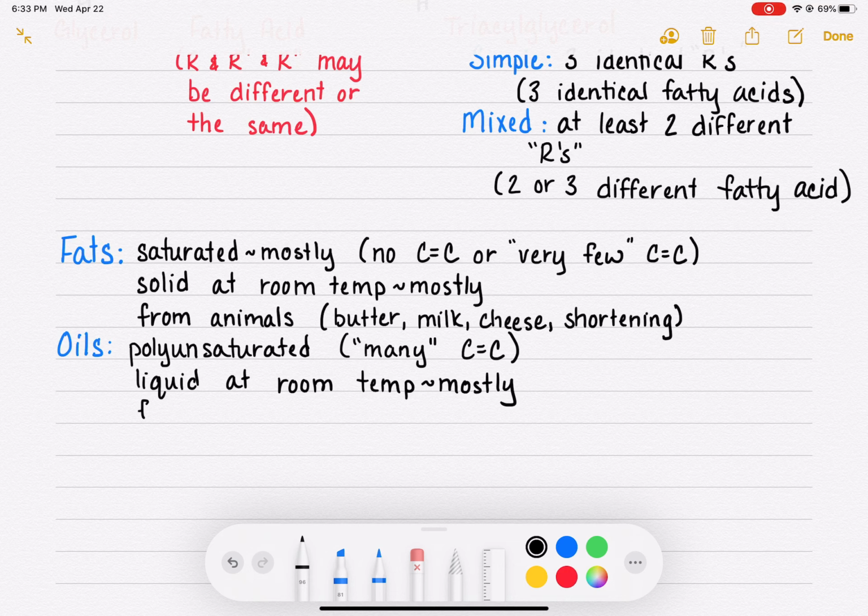Oils tend to be, for the most part, from plants. For example, canola oil, coconut oil, olive oil.